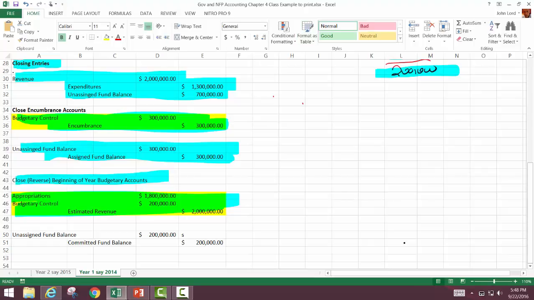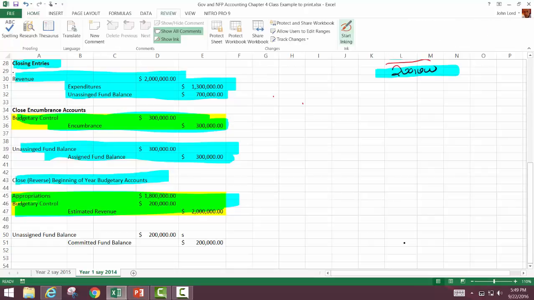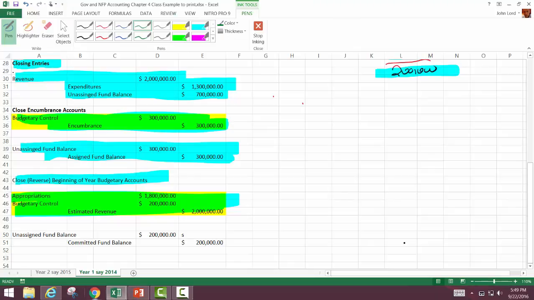I just wanted to remind you, by showing you the committed, that there is this situation where we would potentially commit some fund balance. So we debit the unassigned fund balance and credit the committed fund balance for that remaining 200,000.